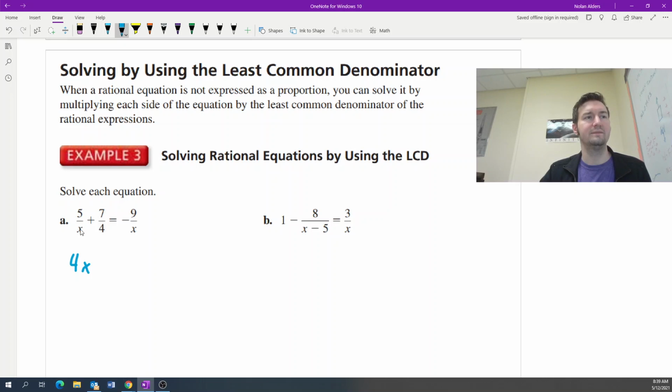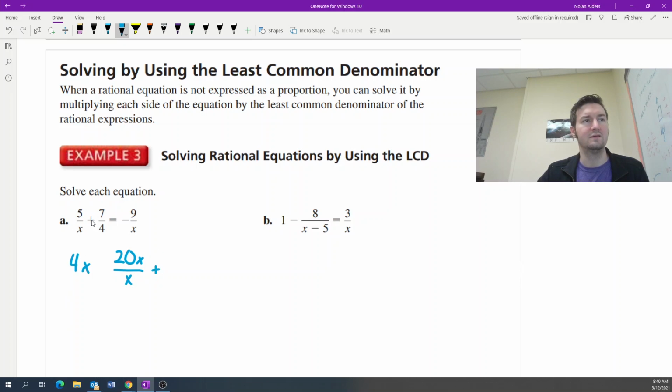And if we do that, we'll get, let's see, 4x times 5x will be 20x over x, right? 4x times the 5 gives us 20x, and then that's over x.